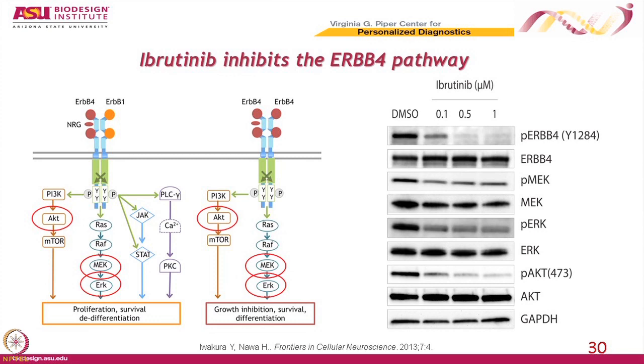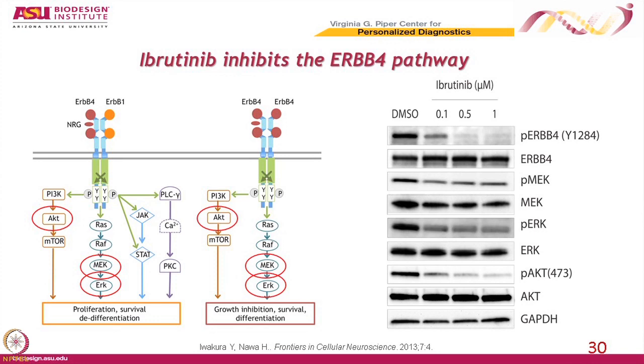So here you see that, first of all, ERBB4 itself is less phosphorylated with drug. So that tells you right there that it itself is being inhibited by drug. And then here you see phospho-MEK is going down, not dramatically. Phospho-ERK is definitely going down, and phospho-AKT is certainly going down.